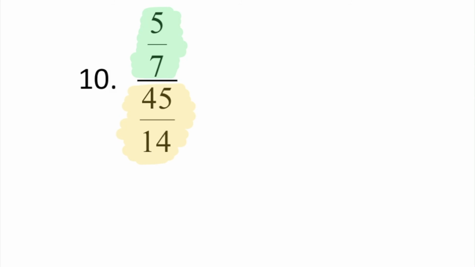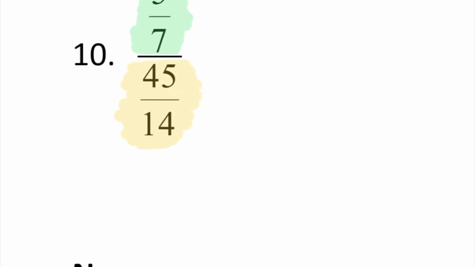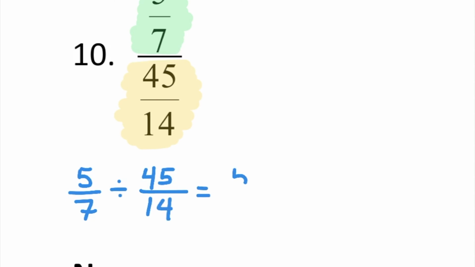So I would actually just go ahead and rewrite that as 5/7 divided by 45 over 14. And remember that a division problem is when you change the division to multiplication and take the reciprocal of the fraction that's immediately after the divide sign.